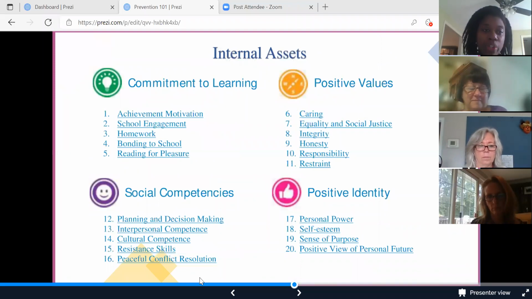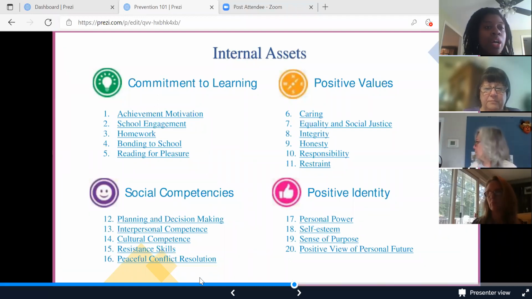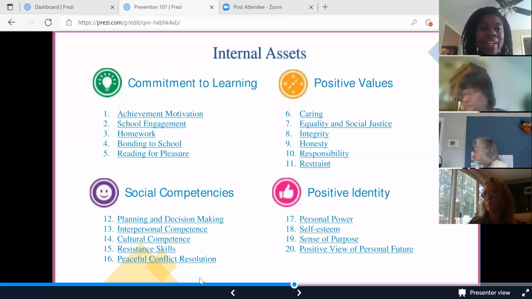As well as internal assets, those are also divided into 4 different categories. Commitment to learning, positive values, social competency, and positive identity. Being able to have a commitment to bonding at school, not hating going to school, or having a positive interaction with school engagement.